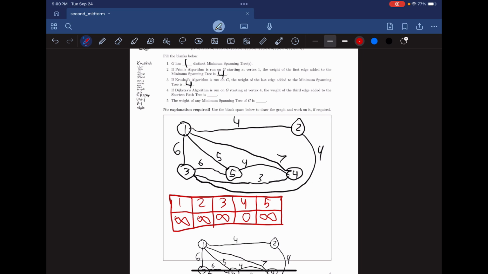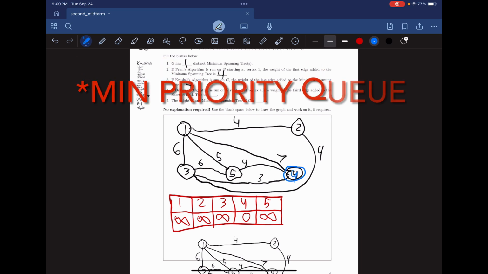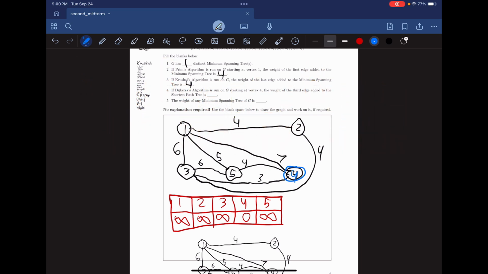So we're starting at vertex 4, and the way we want to work with this algorithm is that the internal setup of Dijkstra's algorithm is a min priority queue, and so we're going to be adding 4 to the queue.